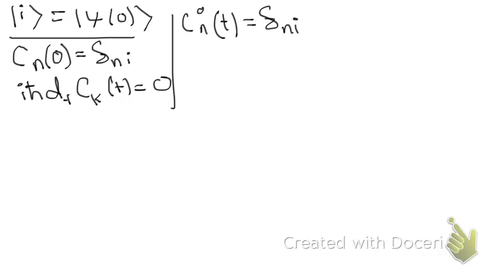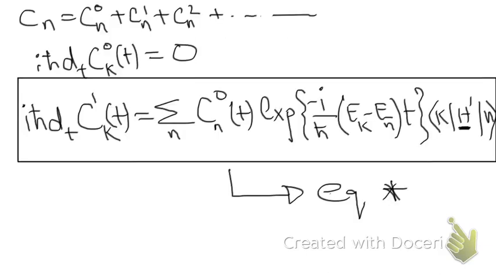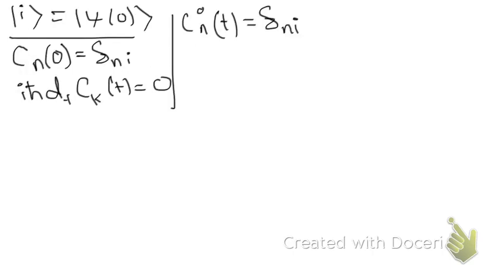Now let's take this Cn of 0 of t and put it in our equation star. Then the sum collapses to just one term. That's the reason for doing all of this, we just need to collapse the sum to just one term.